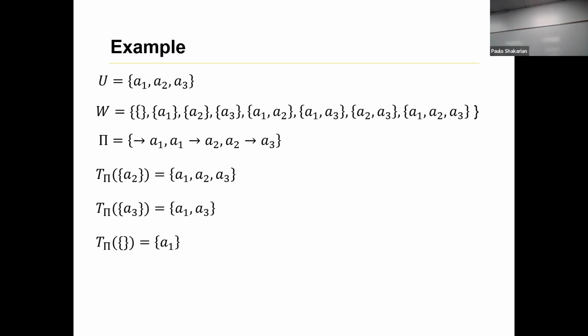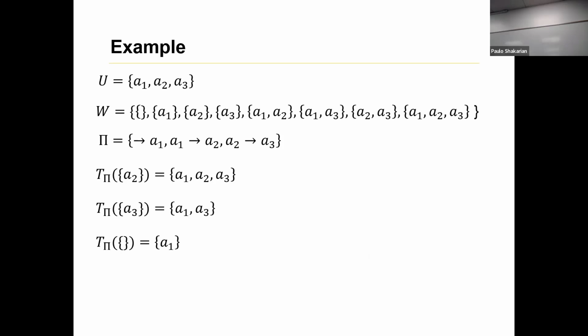So shouldn't... No, we don't. You only have A3. A3 is a superset of the empty set, and A3 is not a superset of A1, and A3 is not a superset of this. So we only get A1. Nothing new is added. Does that make sense?